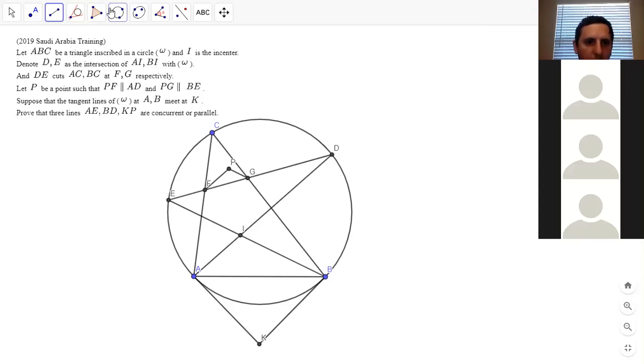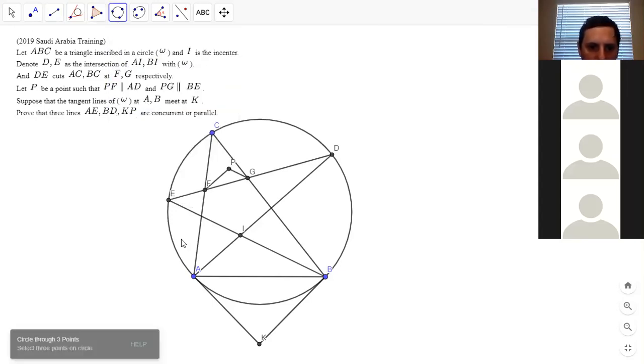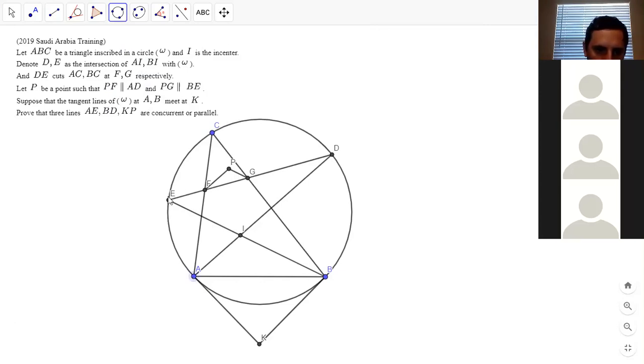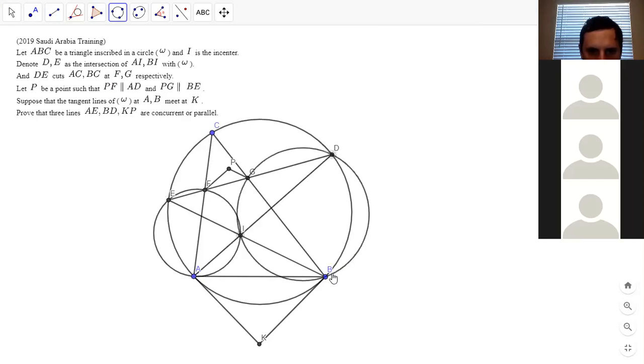I wonder, so yeah, you said you can prove it with Pascal's theorem, right? So I wonder, basically we want to show K lies on the radical axis of those two circles, right?